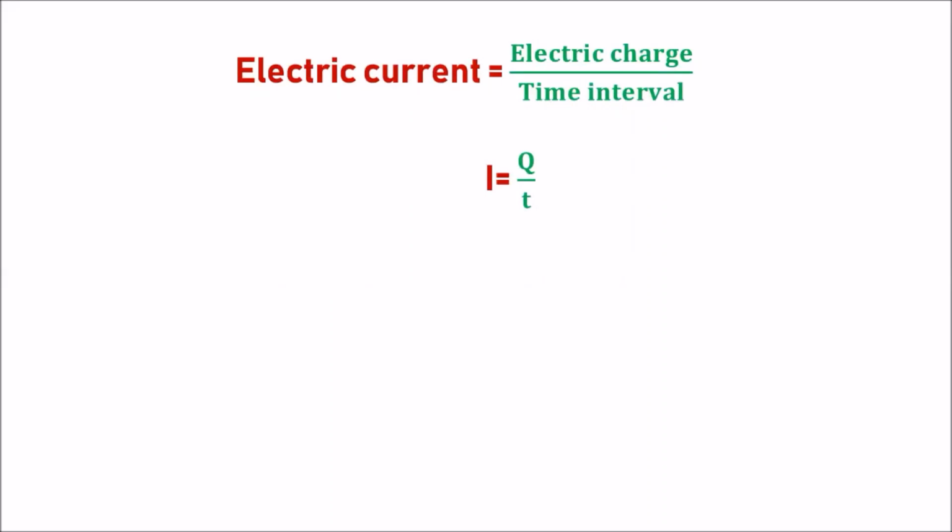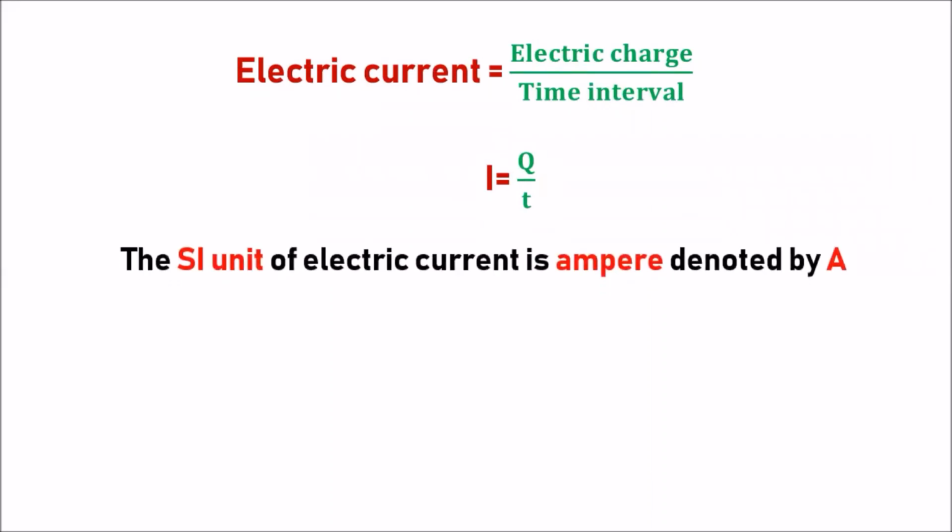Capital Q represents electric charge, t is time interval, and the SI unit of electric current is ampere, which is denoted by the capital letter A. Ampere is a scientist's name, so it should be represented with a capital A. And if you want to write the full name, it should be in small case.